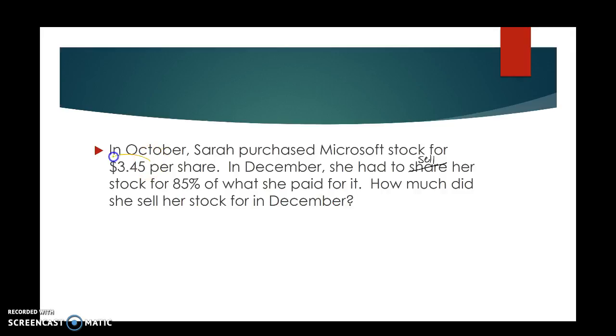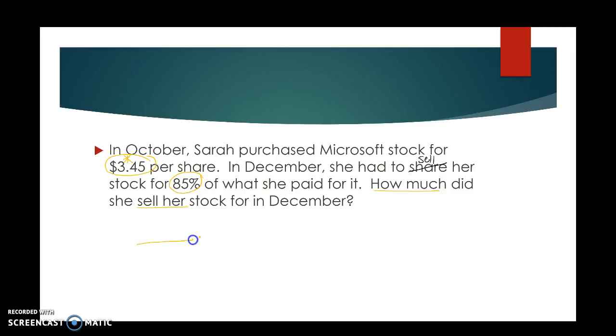All right, so it was $3.45 in October, and then we're talking about December. So here's my original. And then December, she sold it for 85% of what she paid. How much did her stock sell for in December?